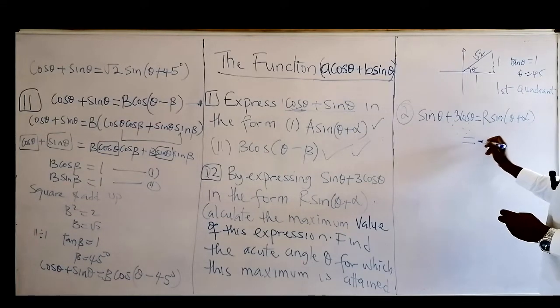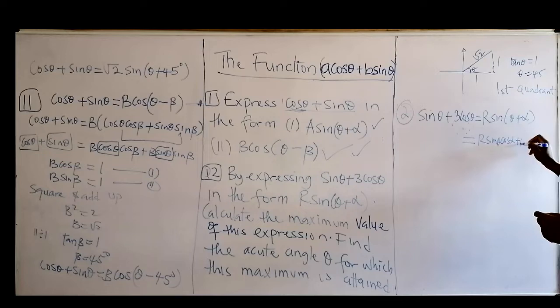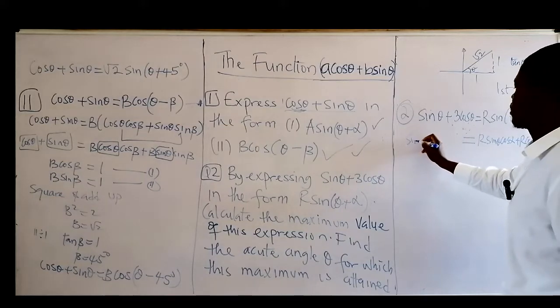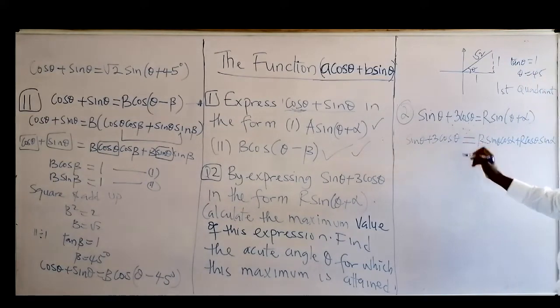This gives r sine theta cos alpha plus r cos theta sine alpha.